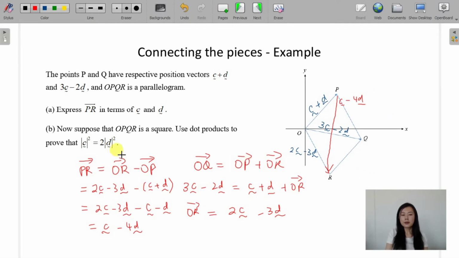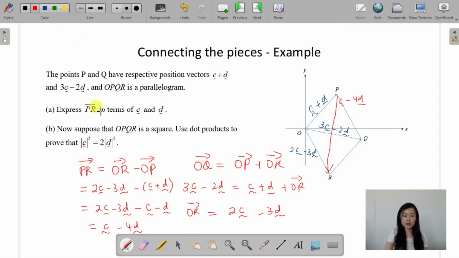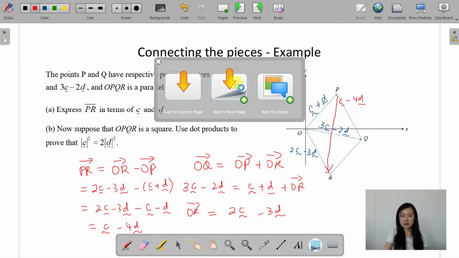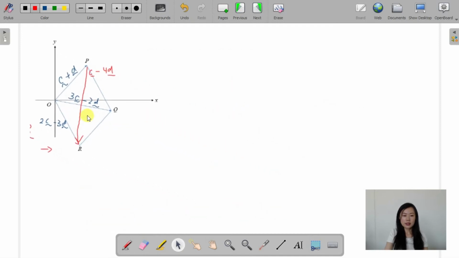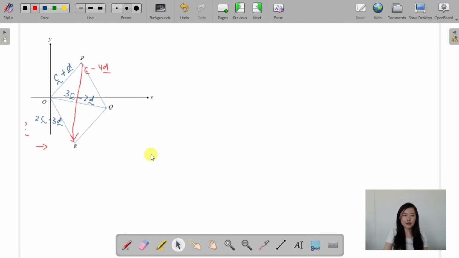Now, suppose that it is a square. Use the dot product to prove that thing. Okay, so what I'm going to do, I'm just going to copy this thing, just so that we have it in front of us.